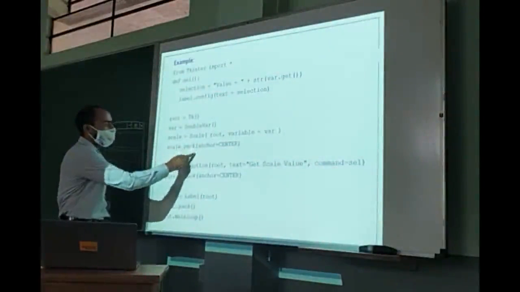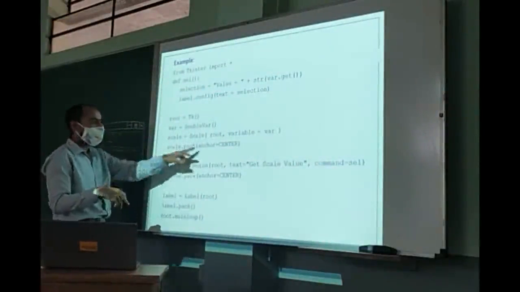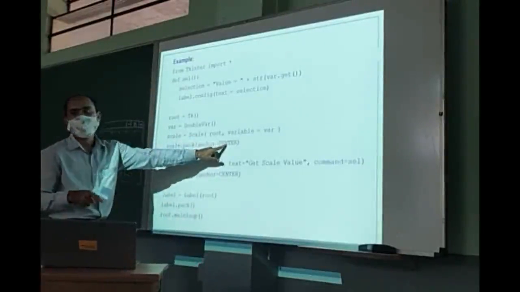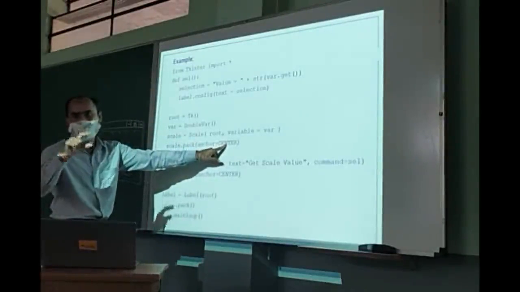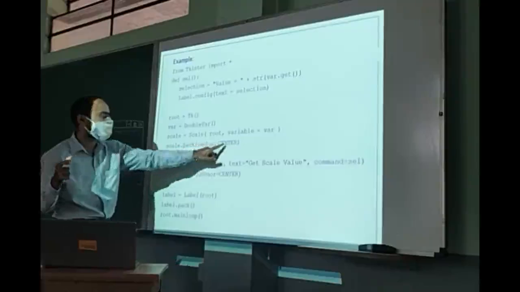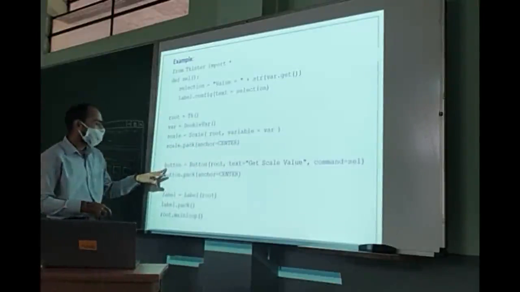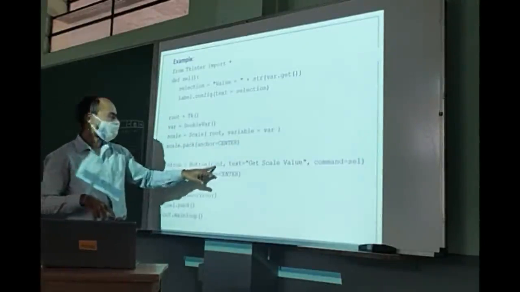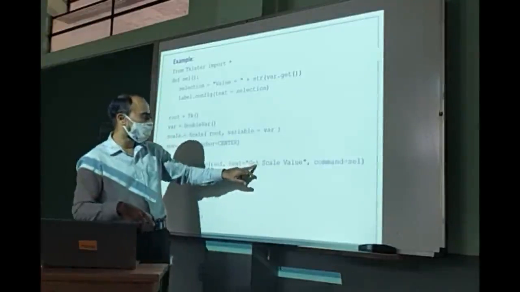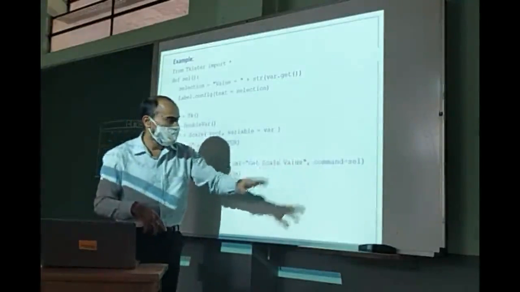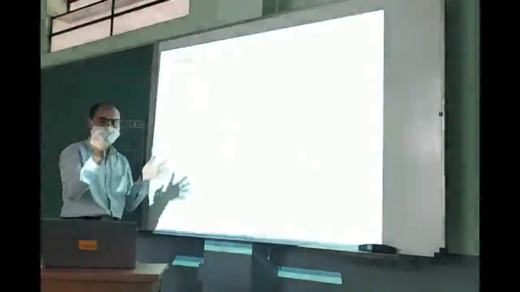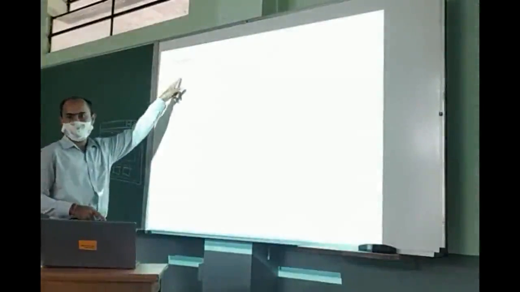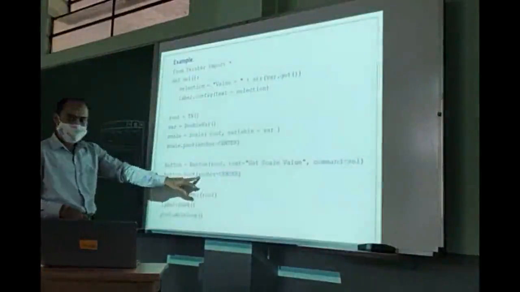Next, it has been added to the main container. The anchor of the scale is center, so the text displayed on the scale is center aligned. Then we are creating one button, with the root as parent and the text on the button being get scale value, and the command is SCL. This means when I click on the button, it is going to call the method SCL. Then the button has been added.